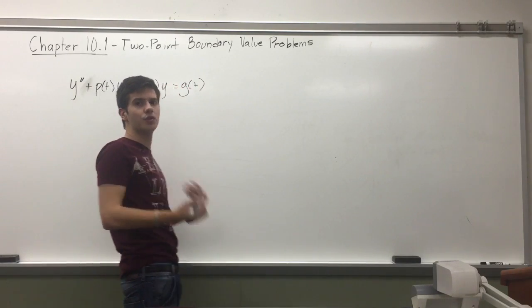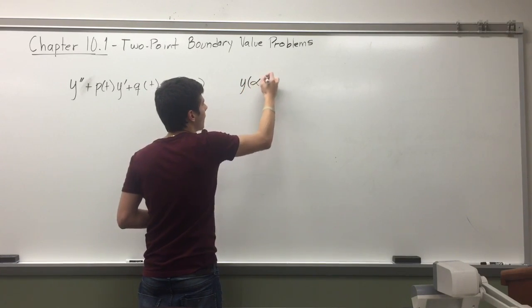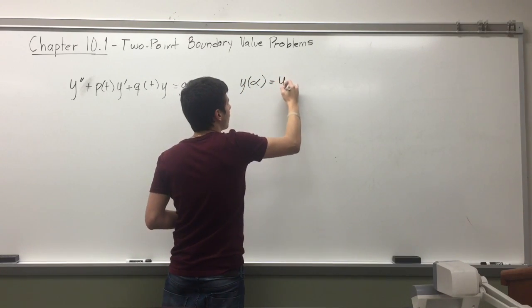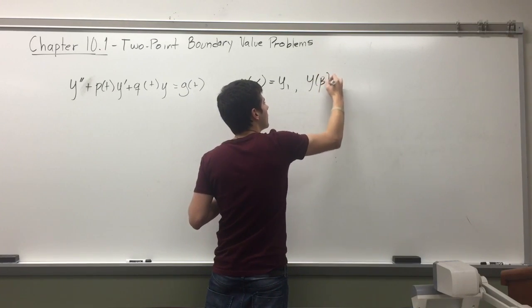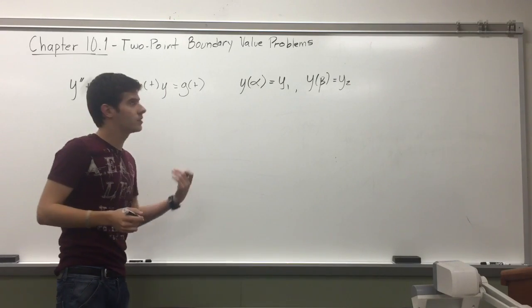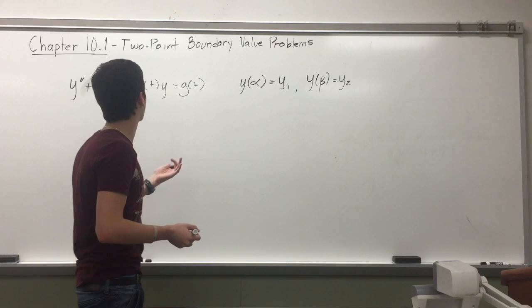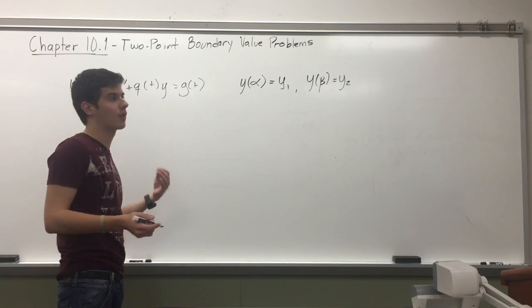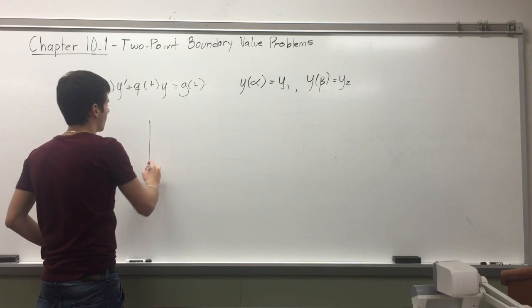And we're also given two conditions, but these are y of alpha is equal to y1 and y of beta is equal to y2. This is because it happens a lot in physical situations.